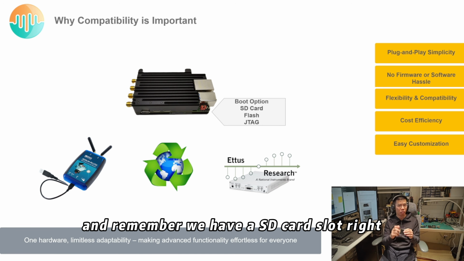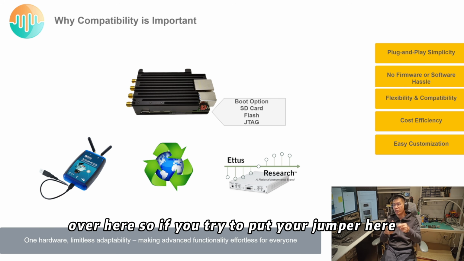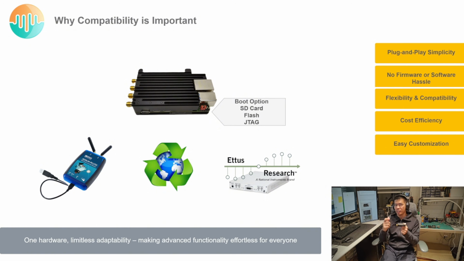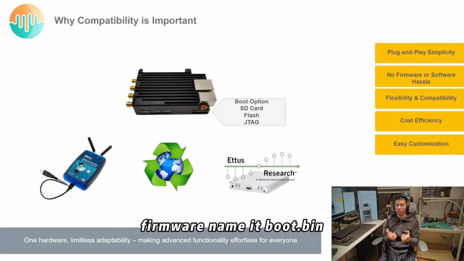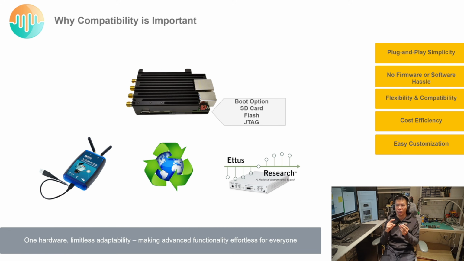And remember, we have an SD card slot, right? Which is right over here. So if you put your jumper here, and you put in an SD card, and you compile a firmware, name it boot.bin, put it over here, it will be able to boot your firmware.